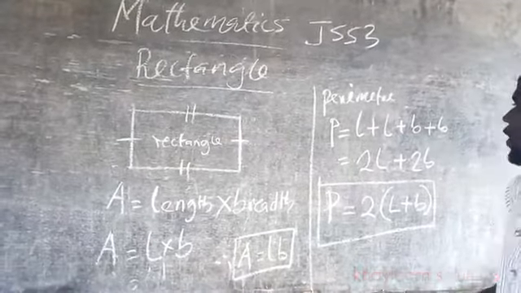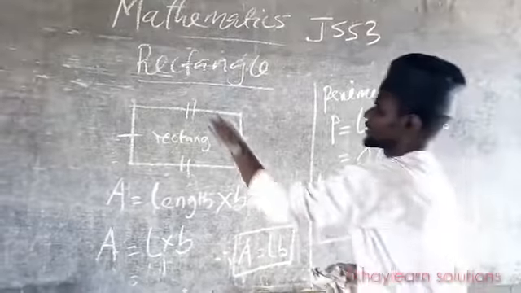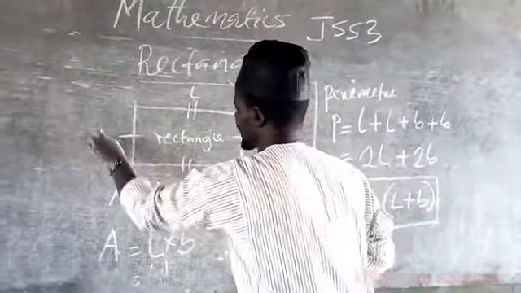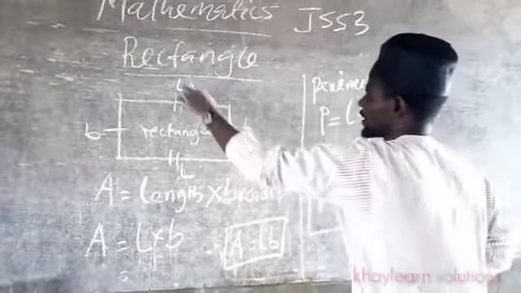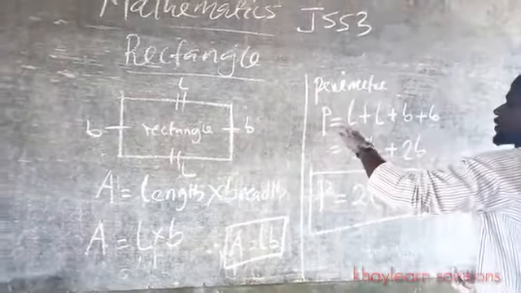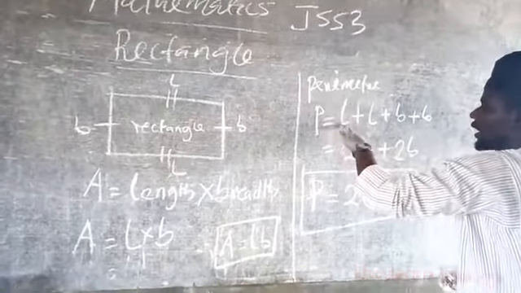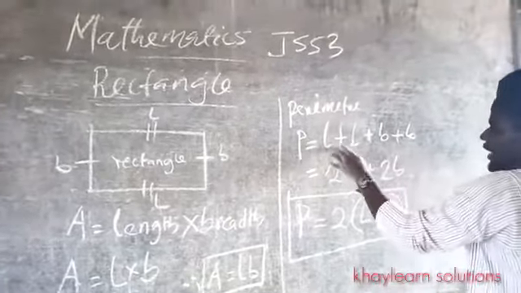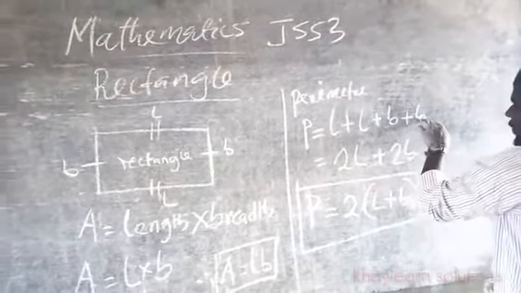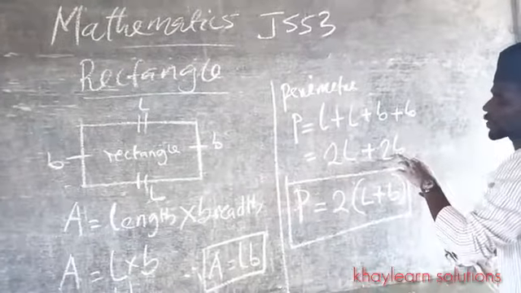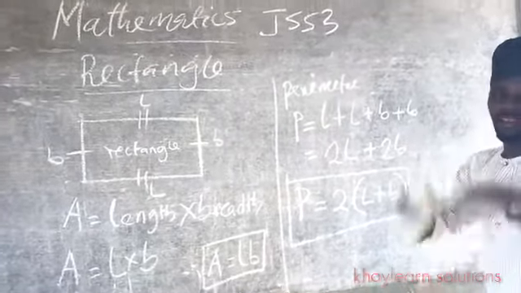The perimeter of the rectangle is the length plus breadth plus another length plus another breadth. So P, which stands for perimeter, equals L plus B plus L plus B. L plus L is 2 L's, B plus B is 2 B's. Since L and B have something in common, which is 2, you can factorize out the 2.